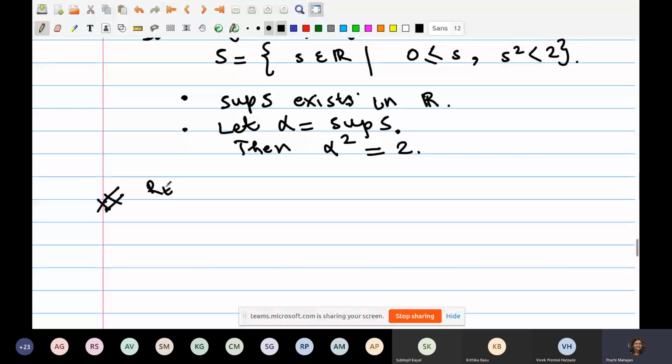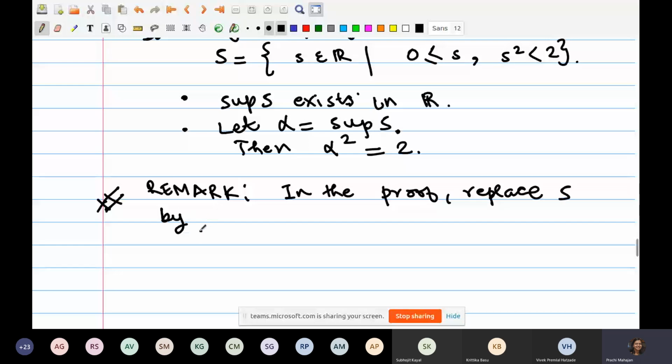There's a remark. In the proof of the above theorem, instead of considering S, consider the following set T. How am I going to define T?